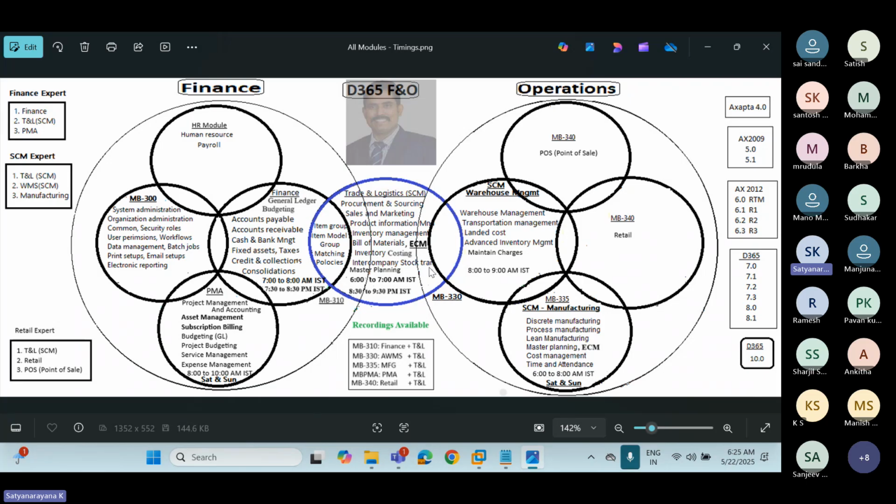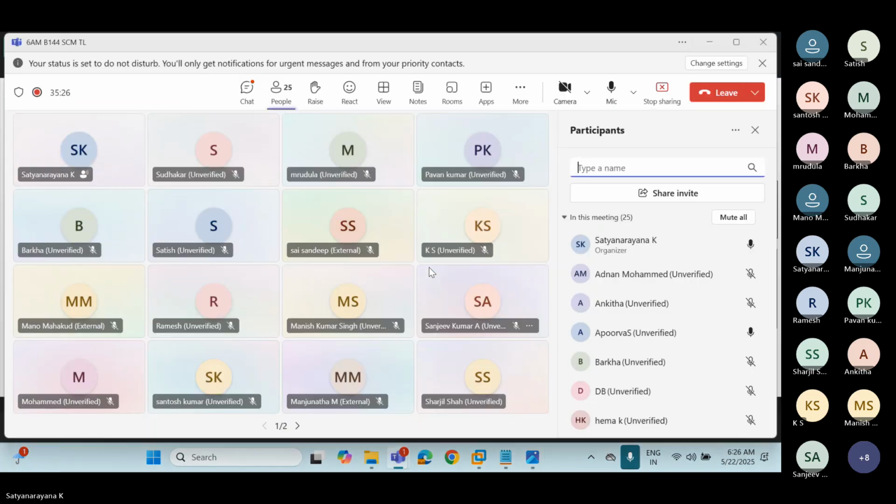In all these modules, all the functionalities, whatever is there, I'm going to teach you. Functionalities and setups, but not reports.